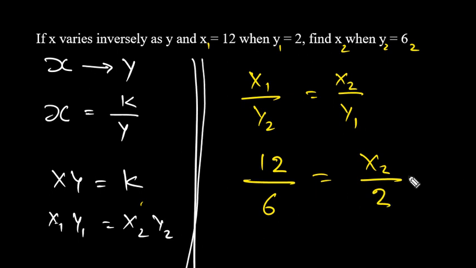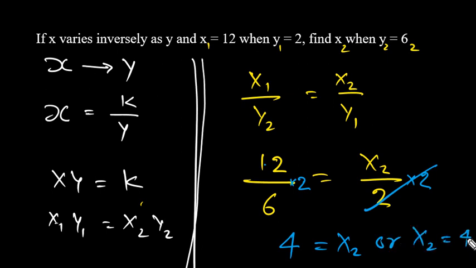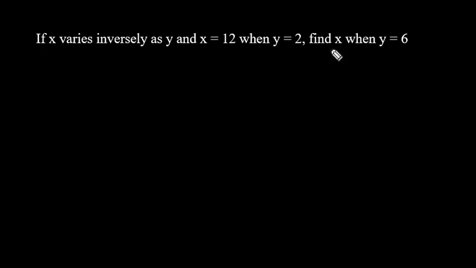So again, multiply 2 both sides, this and this will cancel. 12 multiplied 2 is 24, 24 divided 6 will give you 4. So again, you can see that in both ways we are getting the same answer. You can solve it in any way. Okay. Next question.